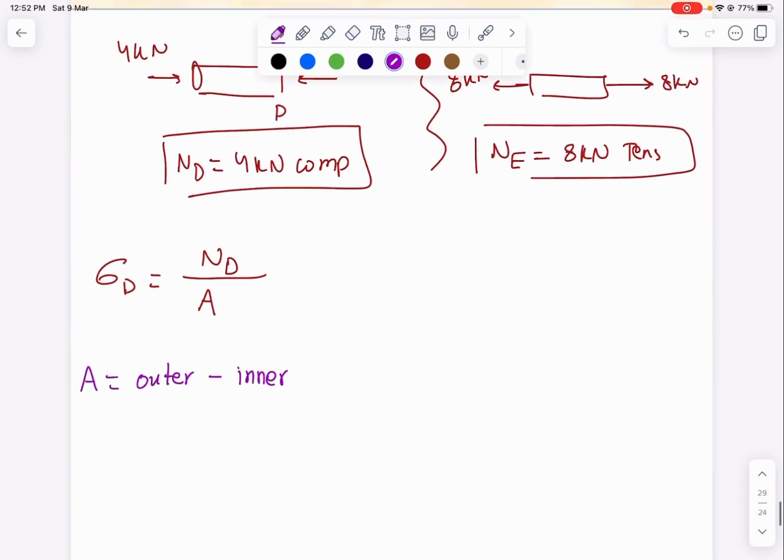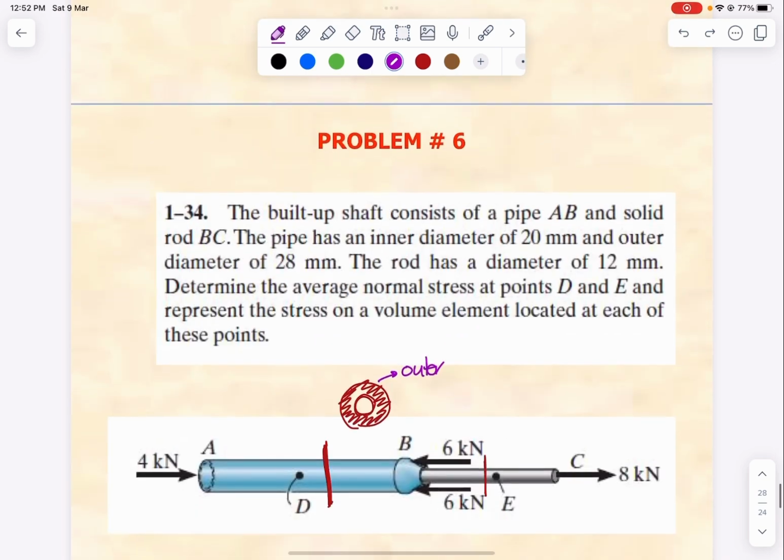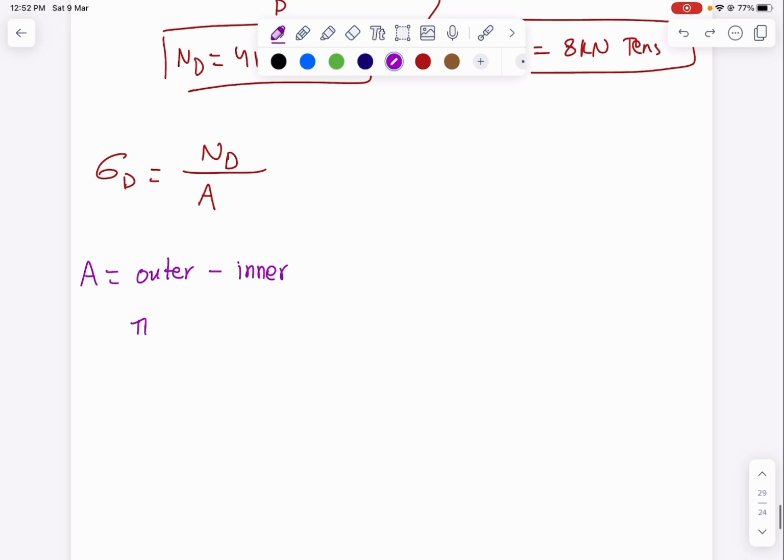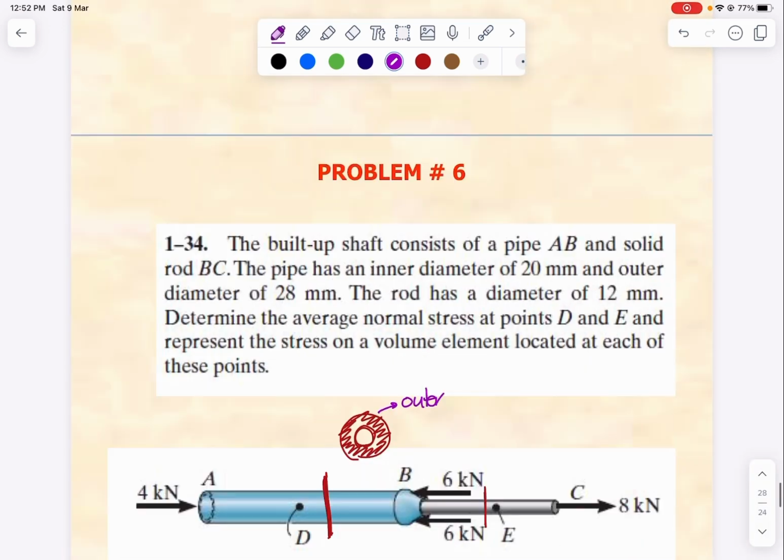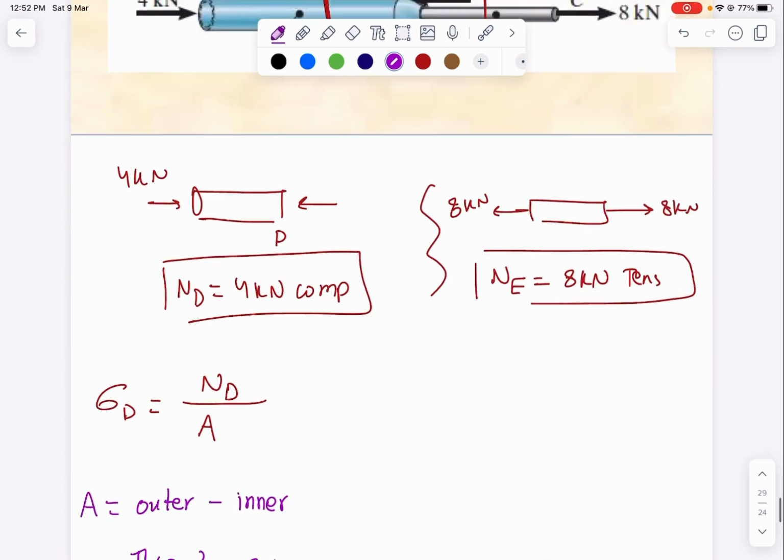What is the outer? It's gonna be pi r squared. Outer is 28, so multiplied by pi over 4, 28 all squared, minus pi over 4, and the inner diameter is 20.